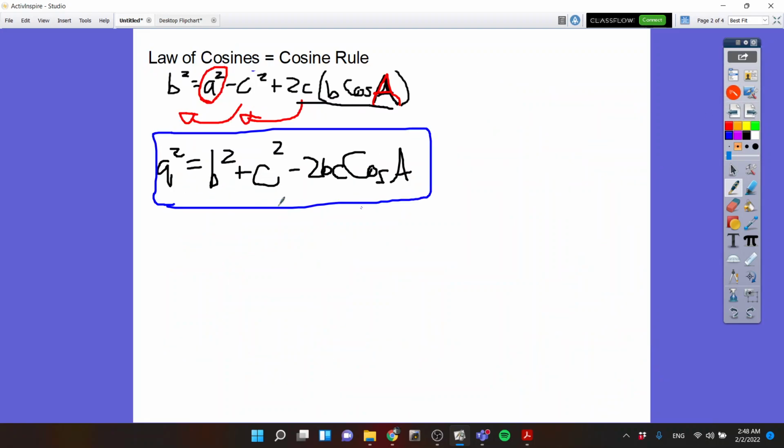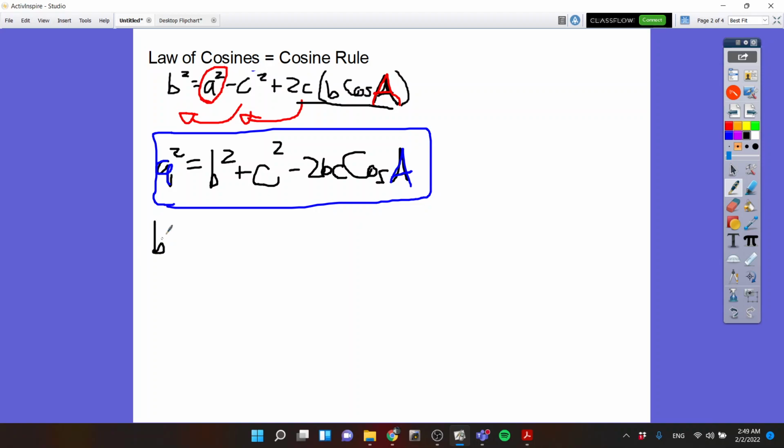The last thing I want to say about this is that this is interchangeable. Oh no, I have two other things. This is interchangeable with also saying I could switch these out. The key is that if this is A, then this is A, and then the B's and C's are the other parts.